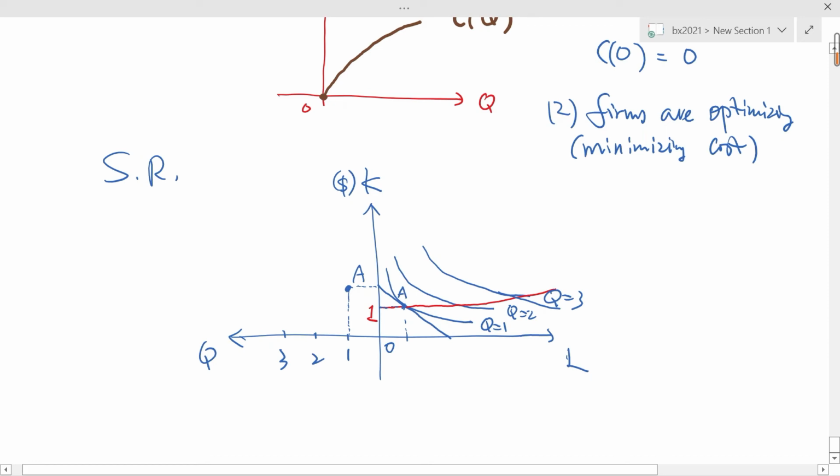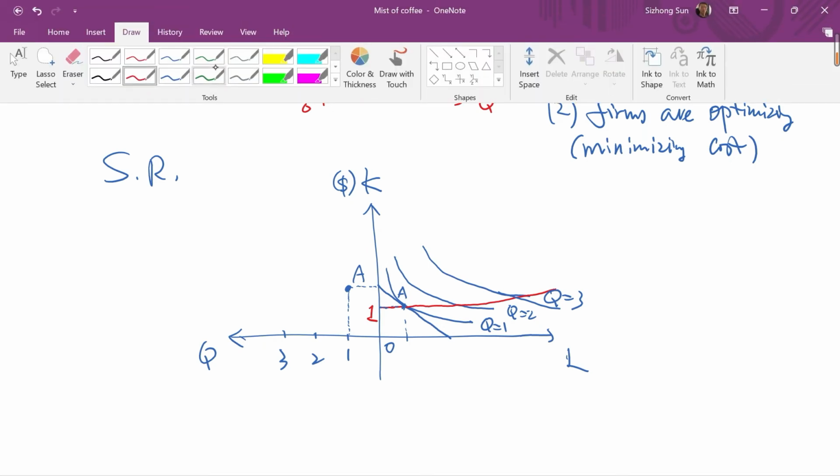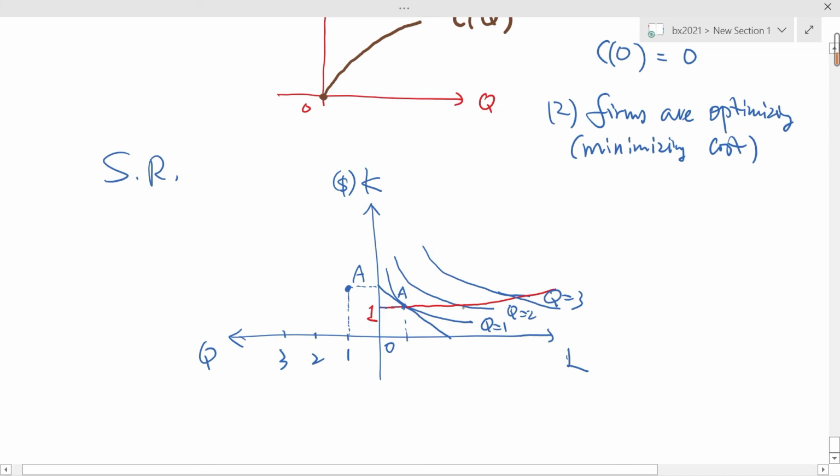In the short run, the capital is fixed at 1 unit, and I still want to produce 2 units of output. Now the best I can do is choose this point, right? So I'm going to shift this isocost line out such that it's this. So that's point B.